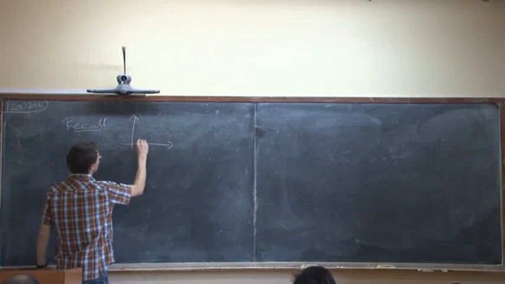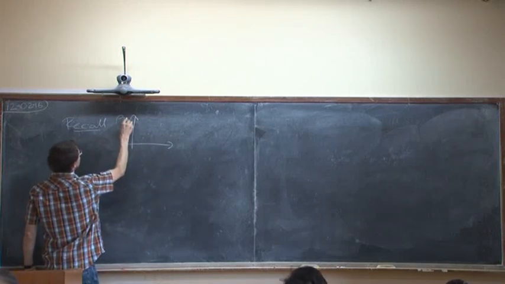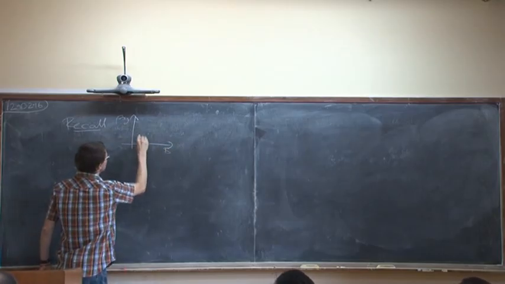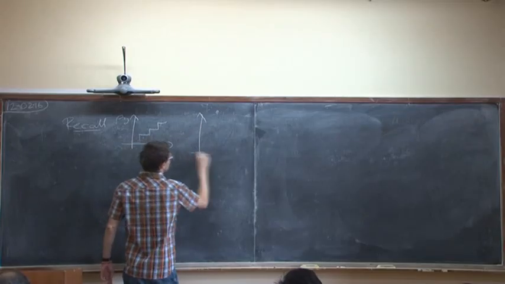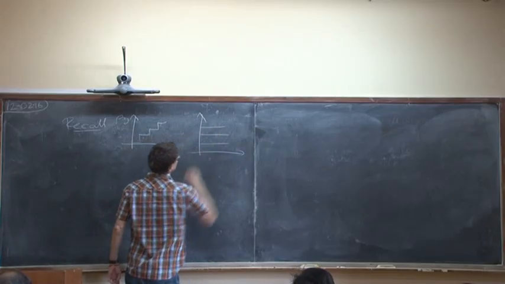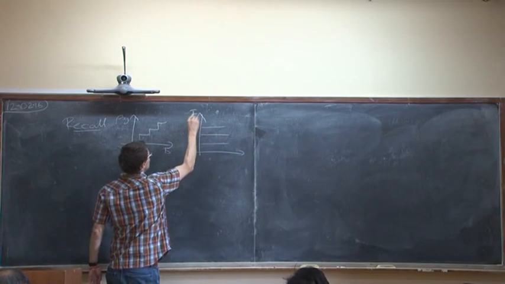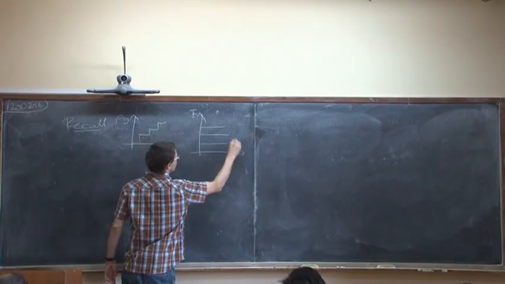Here this is rho xy, this is B, and this is the integer quantum Hall effect. And the Landau level is like this, the energy versus the density of states.